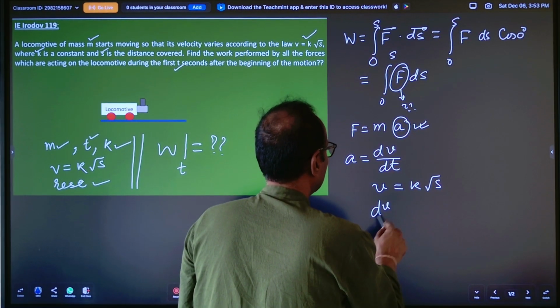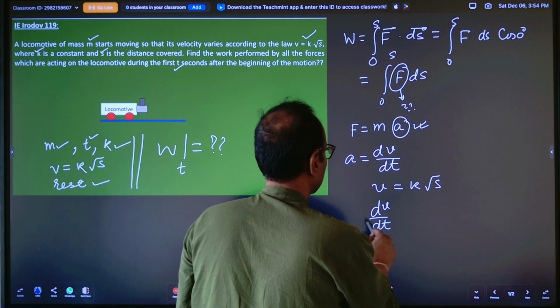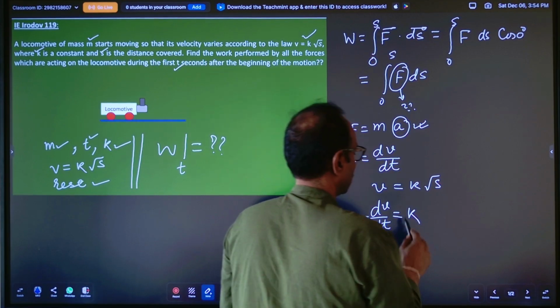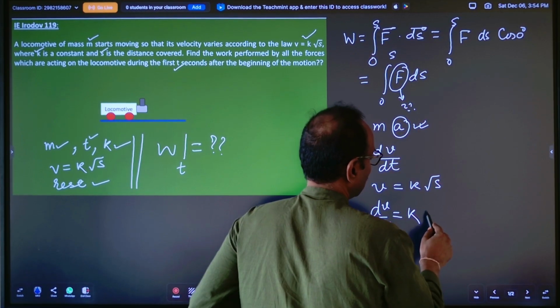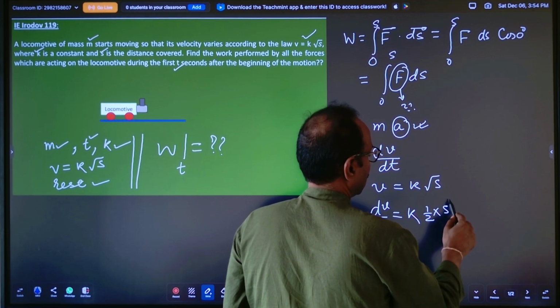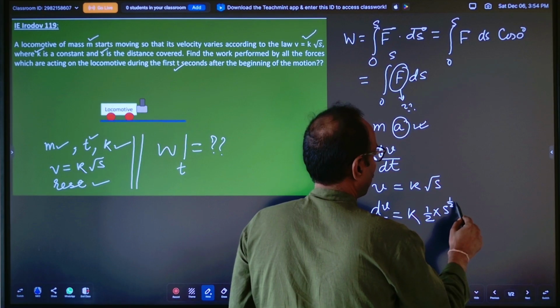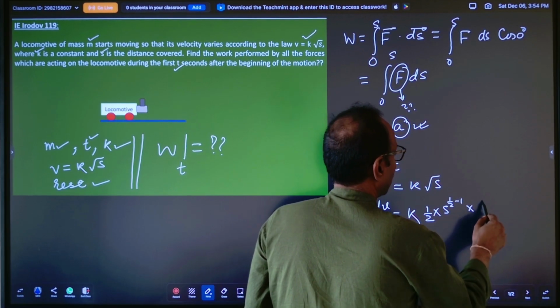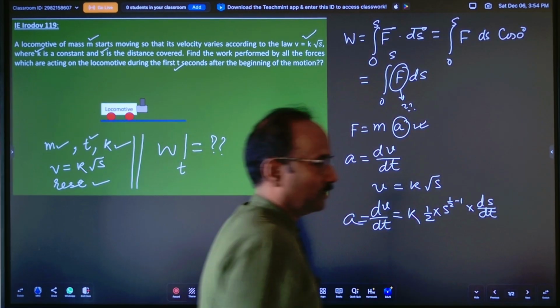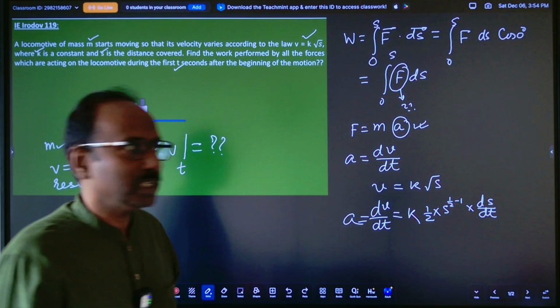So dv by dt is k into differentiation of root s into ds by dt. But what is ds by dt? ds by dt is v.